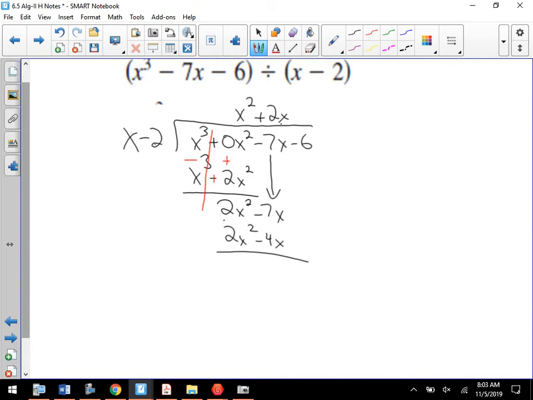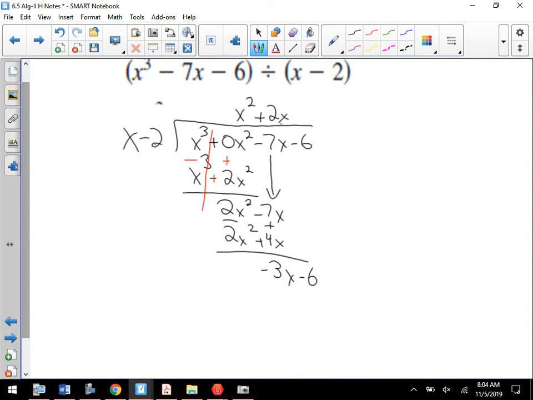Again, I have 2 subtraction problems here. First term goes away. So what's negative 7x plus 4x? 3x. And now I bring down the negative 6. I'm actually going to multiply it by -3. Very good. Everybody see how you multiply that now by -3?